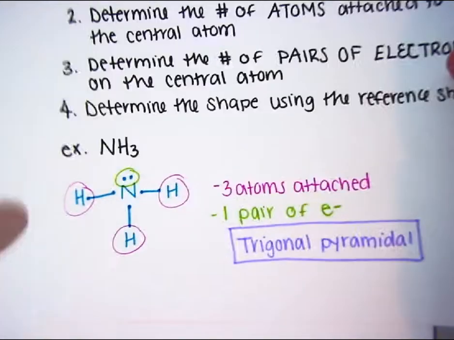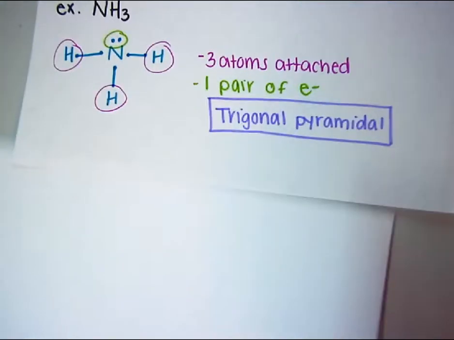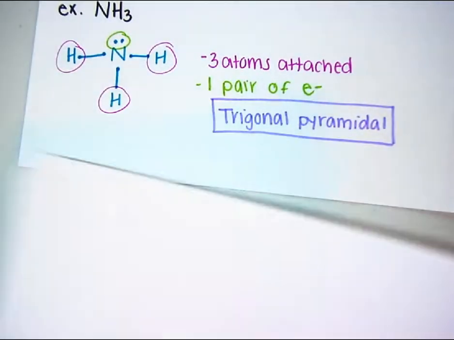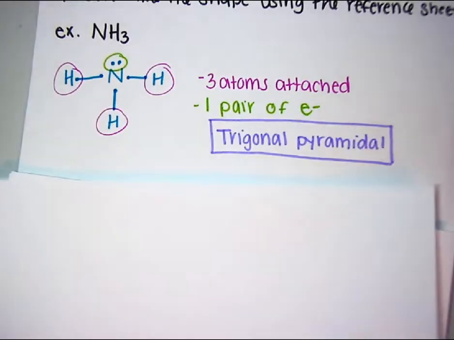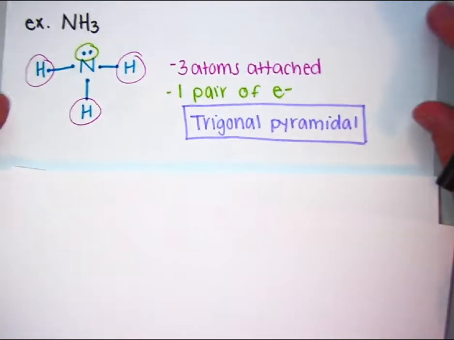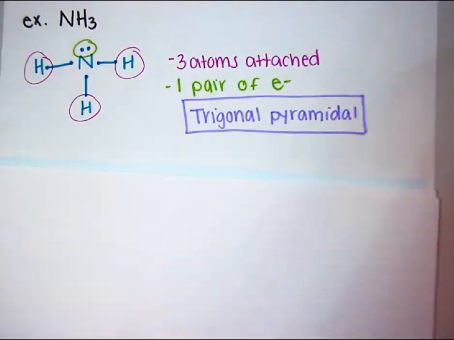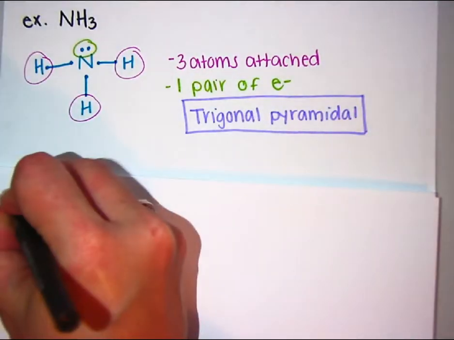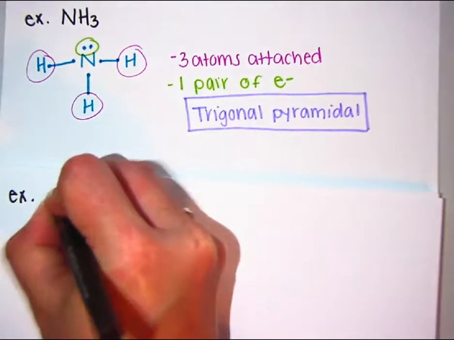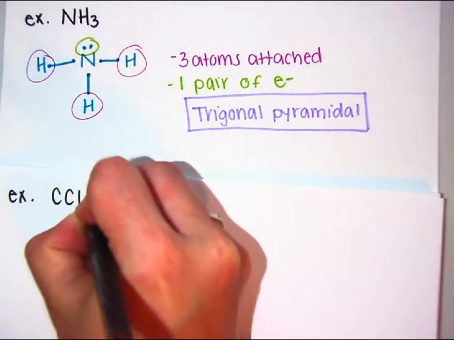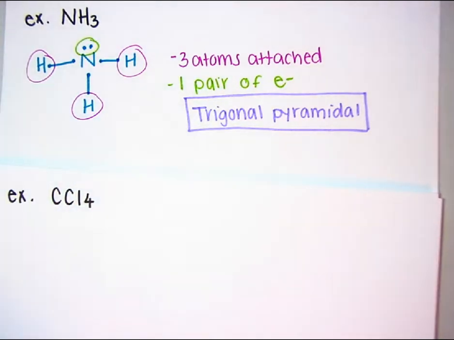Alright, let's try another one. We'll go through all of our steps again. Let's do carbon tetrachloride. That prefix tetra means 4.